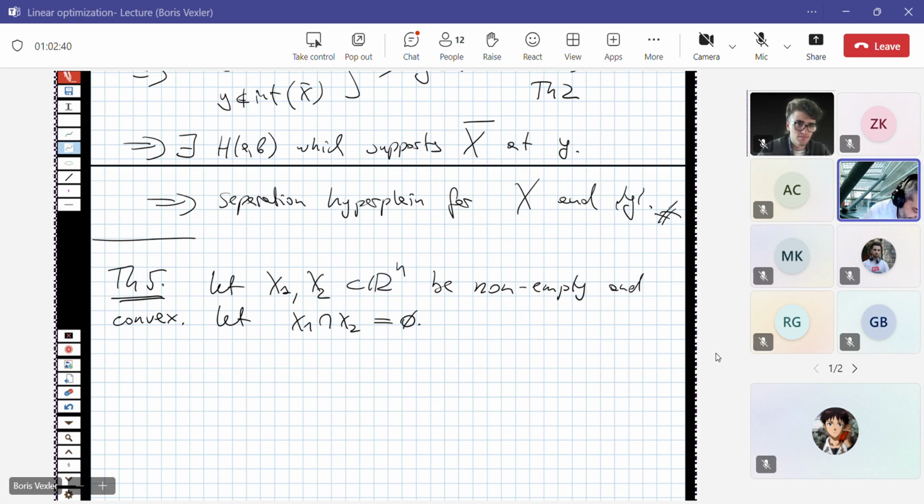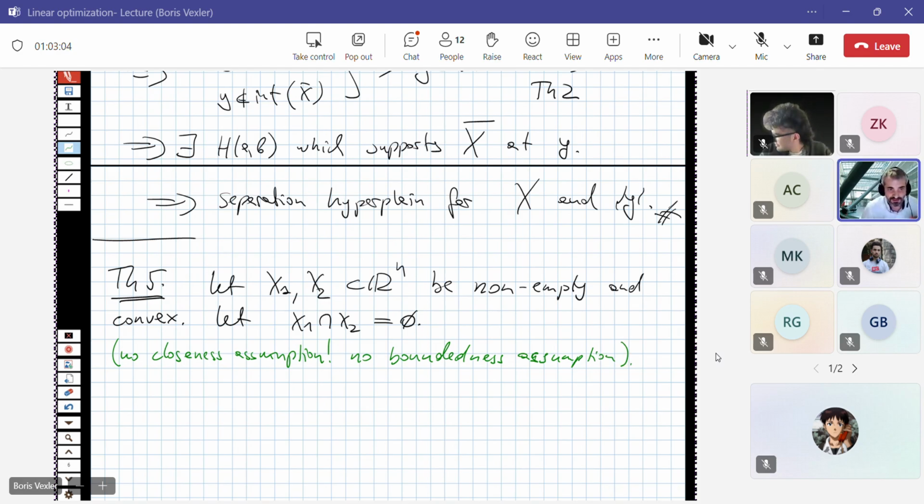Okay, but you see, no closedness assumption, and also no boundedness assumption anymore. Just two general convex sets, non-empty, with empty intersection.